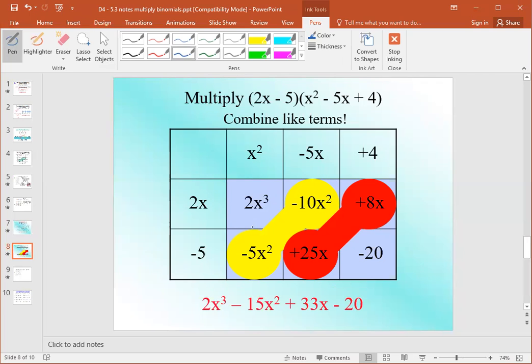You can see here in yellow, those are all of our x squared terms, and in red, those are all of our x terms. When we combine them, we end up with 2x cubed. We combine the yellow, which gives us negative 15x squared. We combine red, which gives us positive 33x, and then minus 20. Once again, it's totally up to you which method you like.